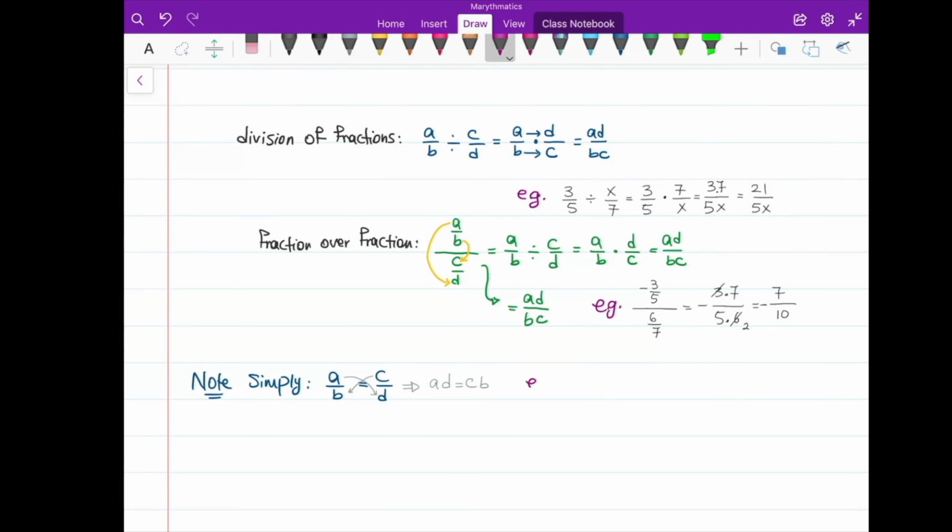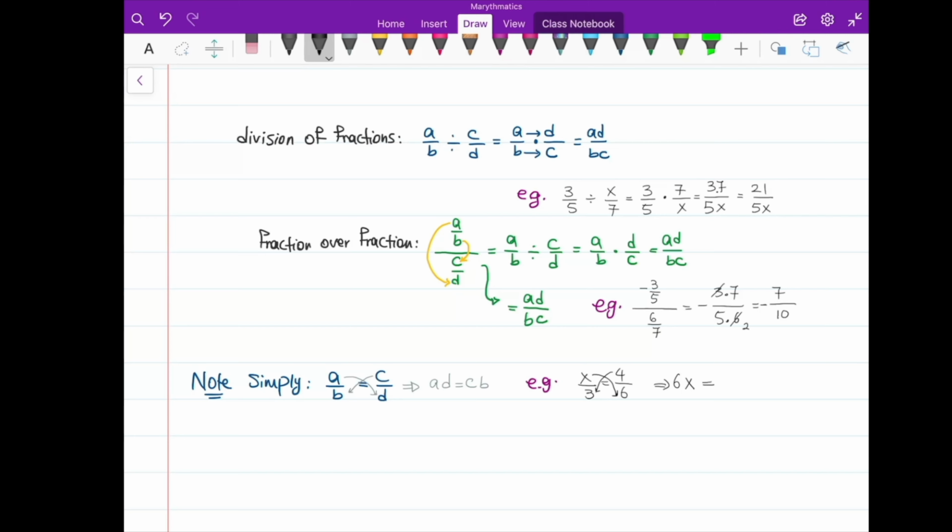So as an example, let's look at this. Something that comes up in calculus a lot is x over 3 equals 4 over 6, for example. And then I would like to find x when I have a fraction equal to a fraction like that. So what I need to do is this trick, which is called cross multiplication. x times 6 equals 4 times 3.